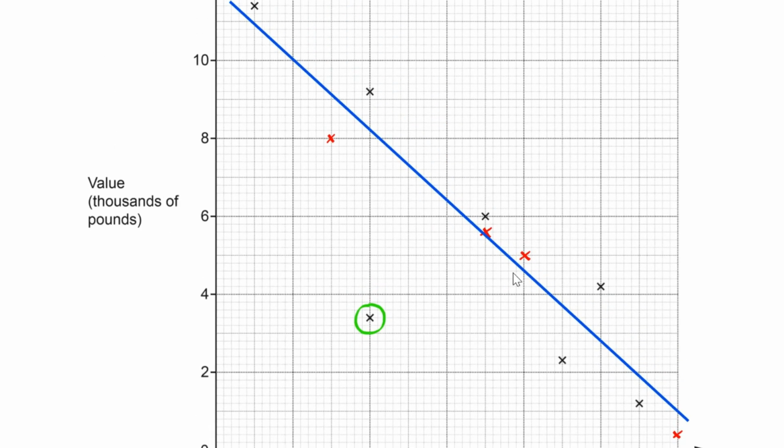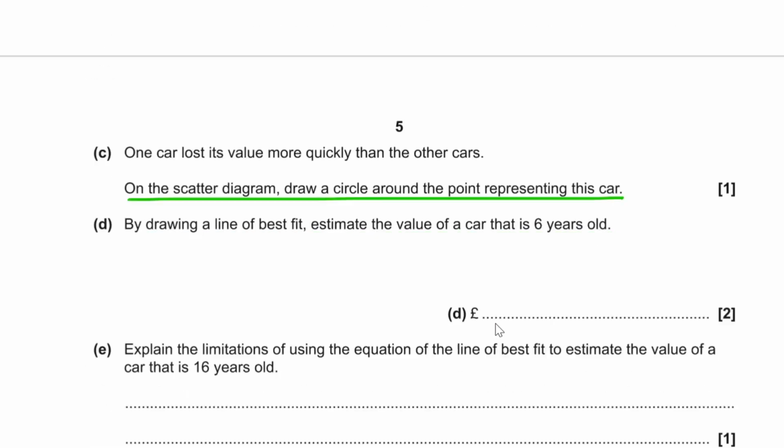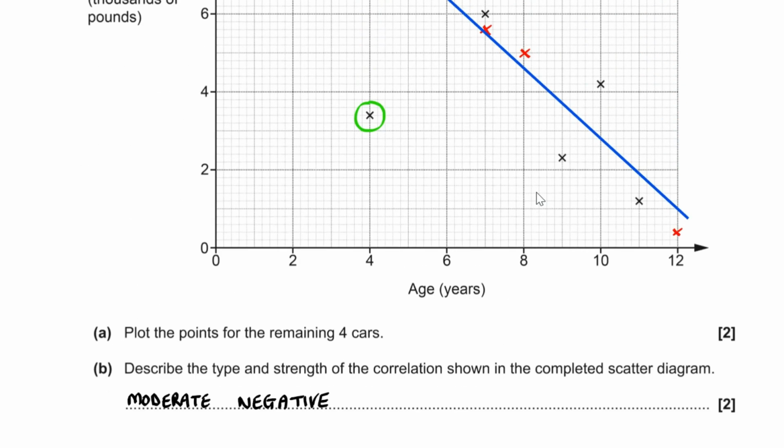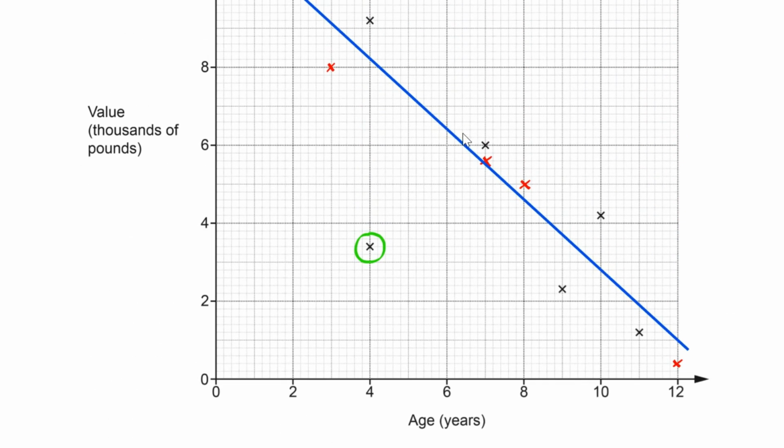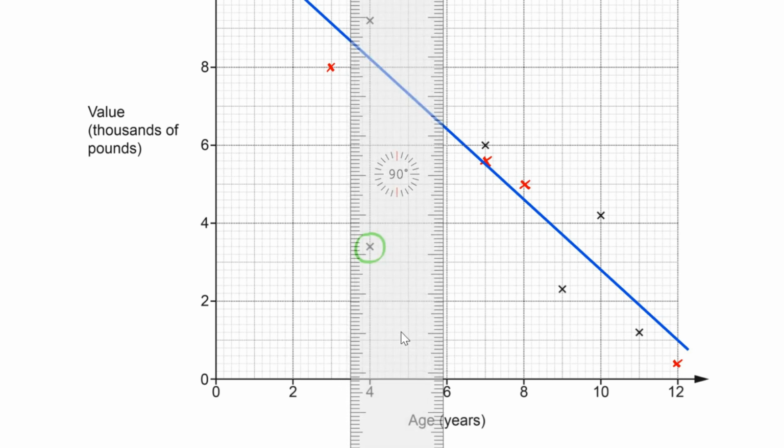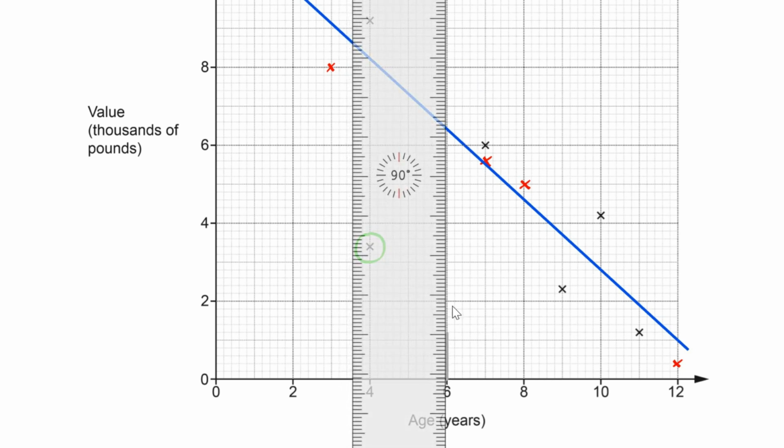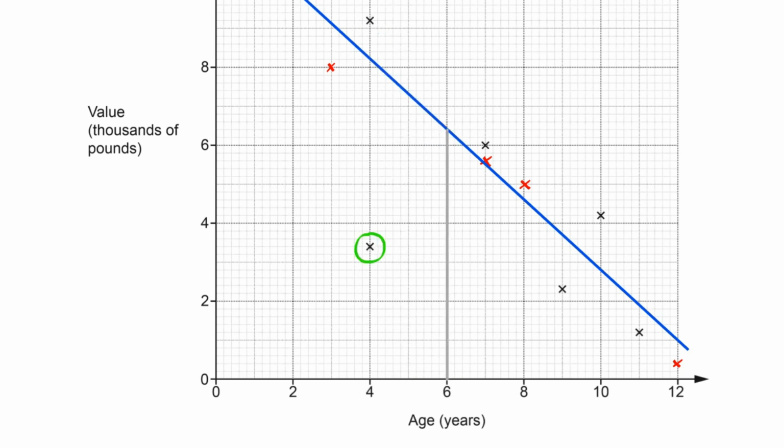And then at 6 years old, we have to draw a line up. So if we draw a line up, as we see here, then reading the value going across, what we have here is 6.4.